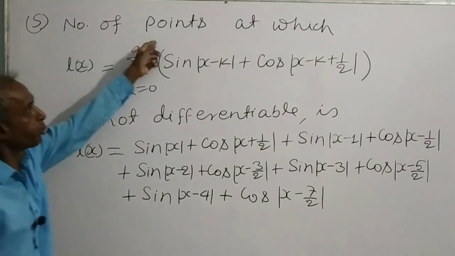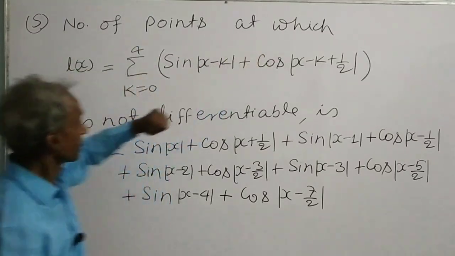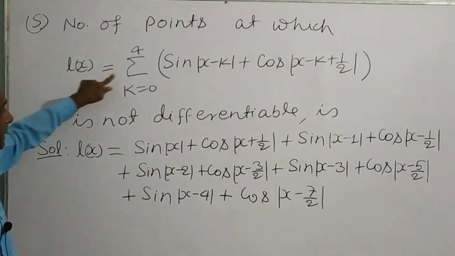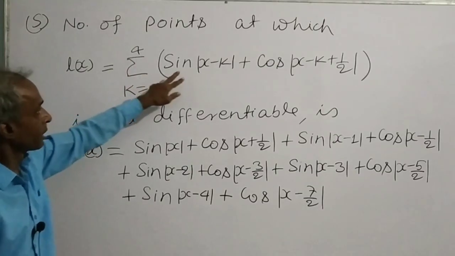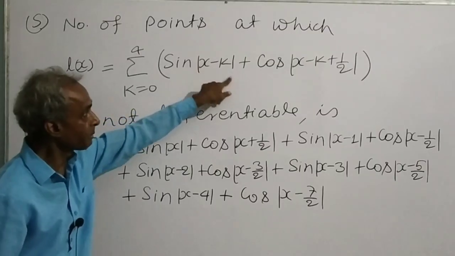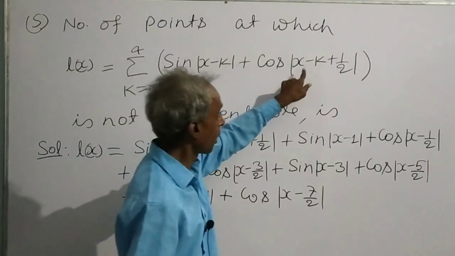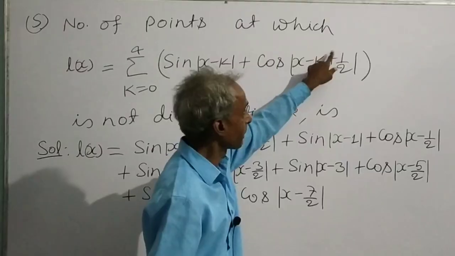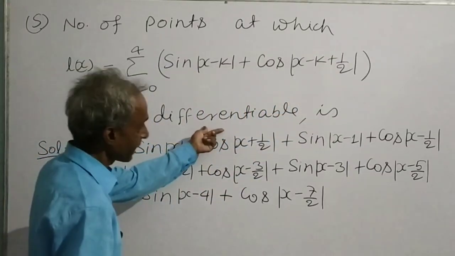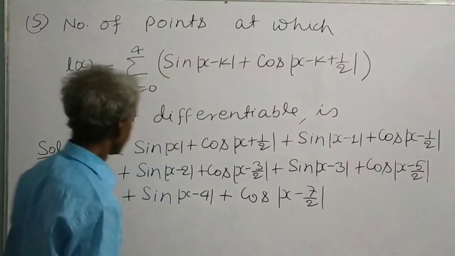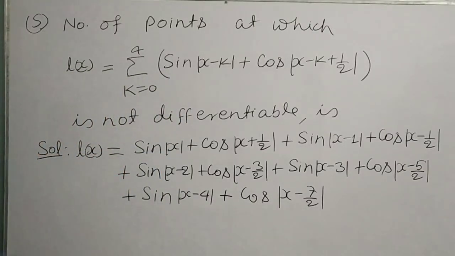Number of points at which function Lx is equal to sigma k from 0 to 4 of sin mod x minus k plus cos mod x minus k plus 1 by 2 is not differentiable is solution.